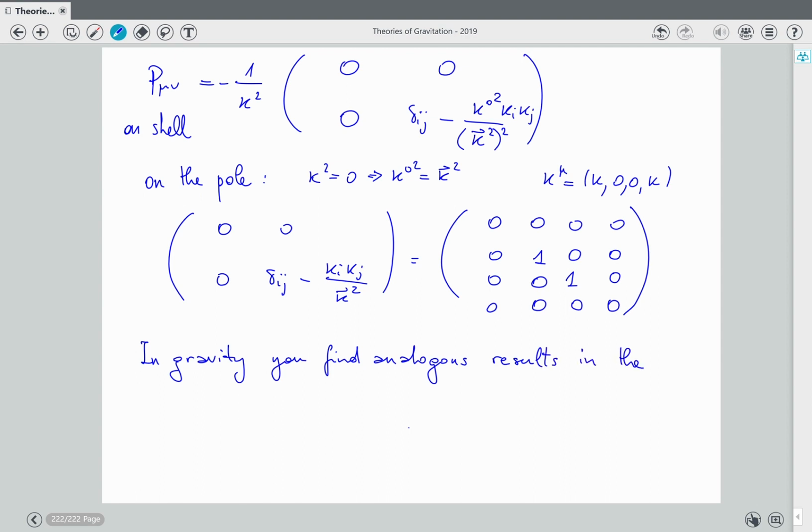In the Brentke gauge, which means that you consider this gauge condition, instead of having partial mu, you have only space derivatives.